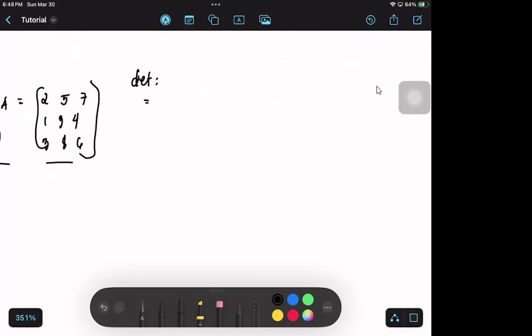So let me go ahead and calculate only the first row for this one. Having this, we'll begin to get the cofactor and solve the determinant. The cofactor of 2, since that is the first row, will be the 2 by 2 matrix 3, 4, 8, 6.